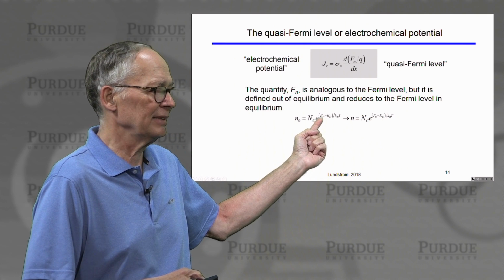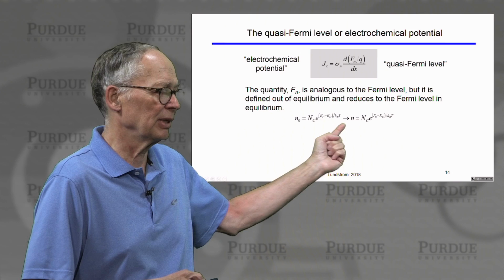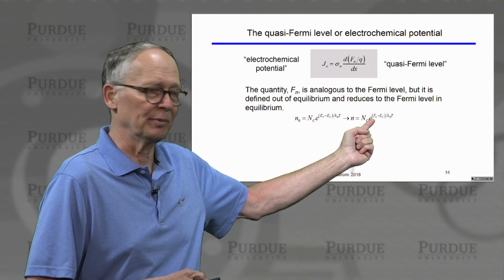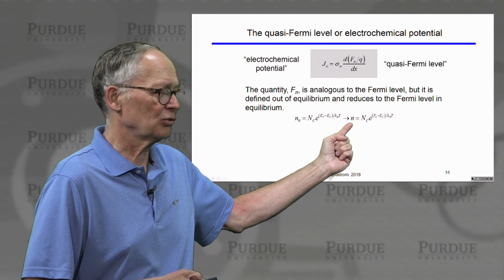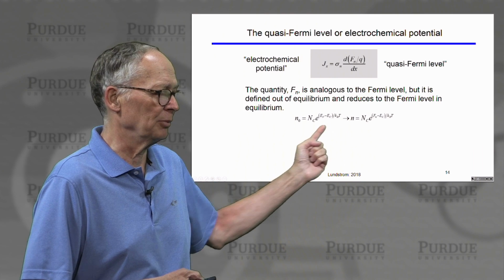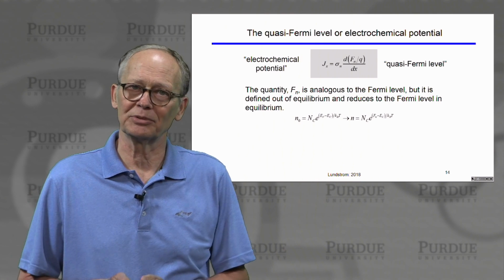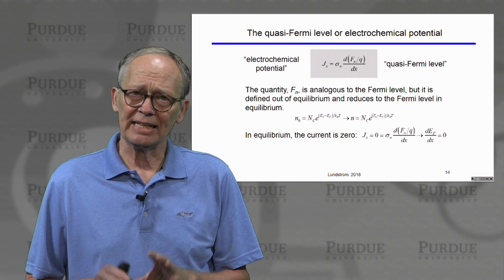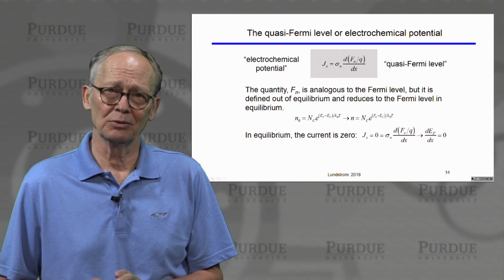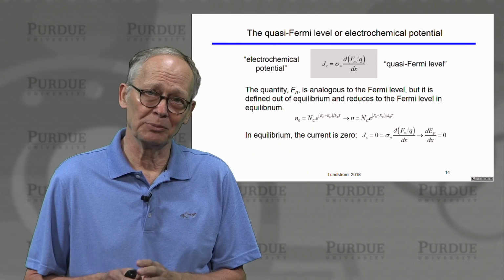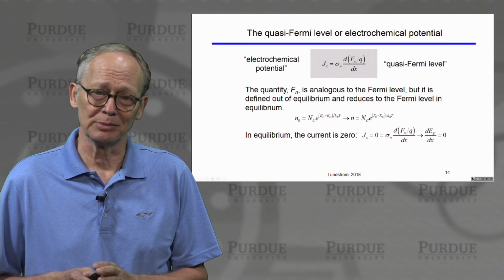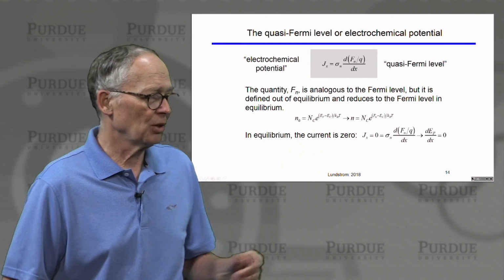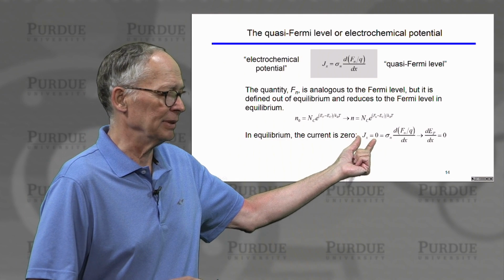So I would replace the Fermi level in my equilibrium expression with the quasi-Fermi level, and now I'm describing the electron density out of equilibrium, so I no longer have this subscript 0, which denotes equilibrium. Now, in equilibrium, we know that current can't flow. If the current flowed in equilibrium, we'd have a perpetual motion machine, and we know that can't be. So in equilibrium, the current flow will be 0.